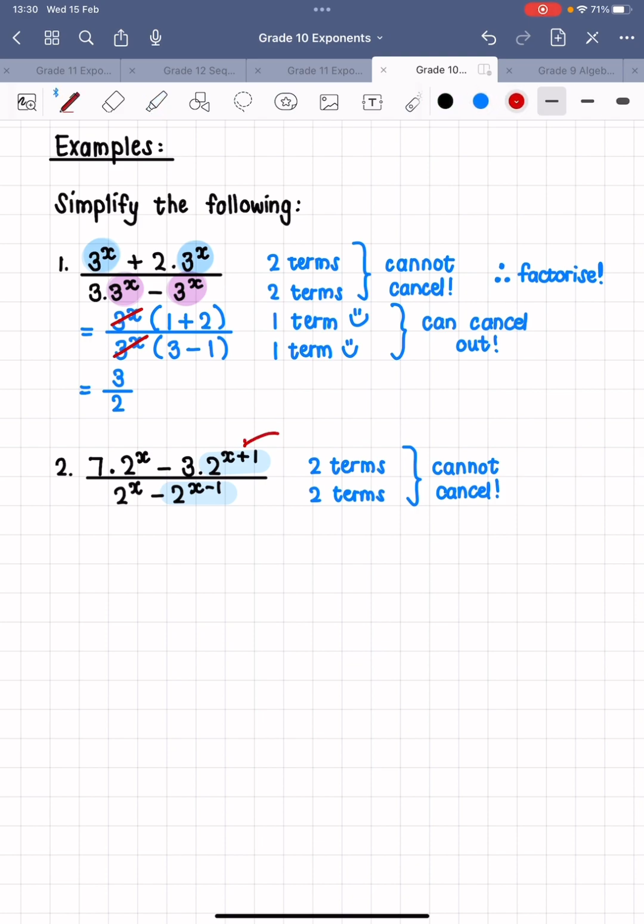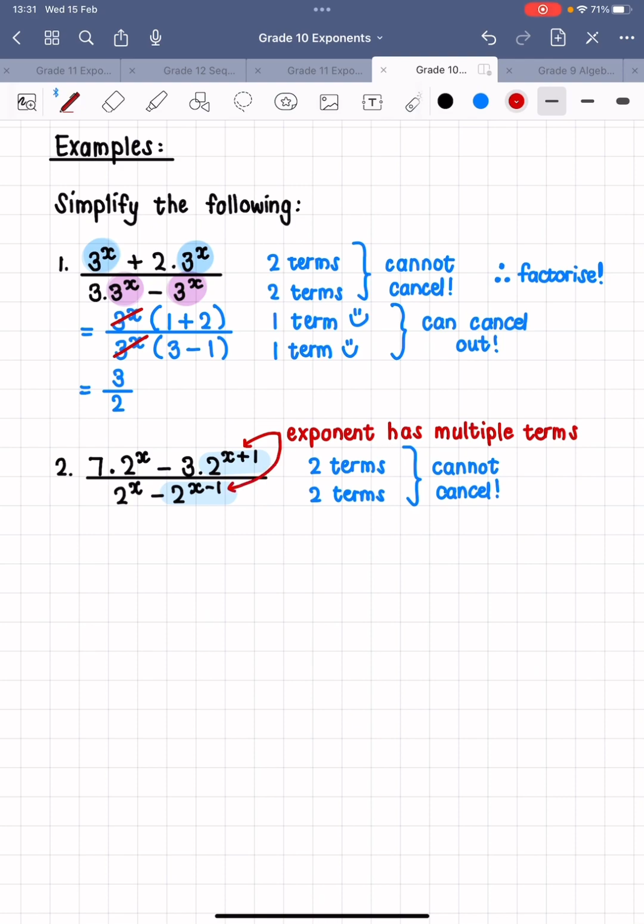So here I'm going to just make a little arrow. I'm going to write exponent has multiple terms. And it's actually the case for that one as well.